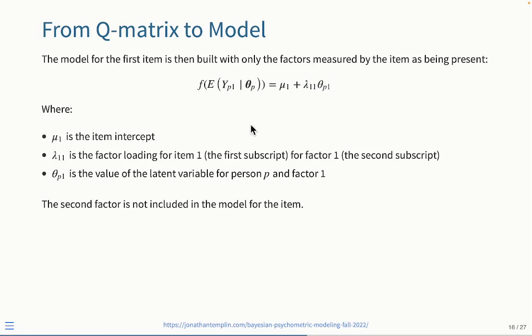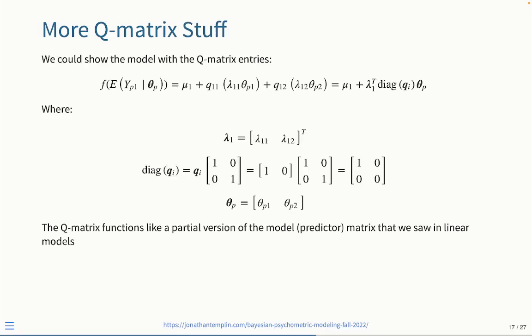So this is the typical linear model. But the key to note in this confirmatory approach to latent variable measurement is that this item only measures one of the factors. And that's what the Q matrix is doing. It's serving to put a constraint in here to remove the influence of the second factor or latent variable on the observed variable that we've collected.